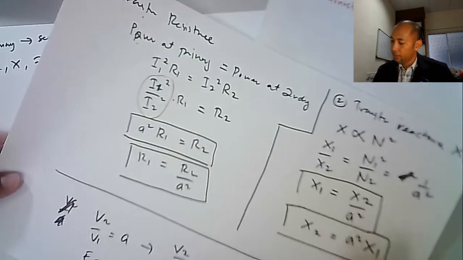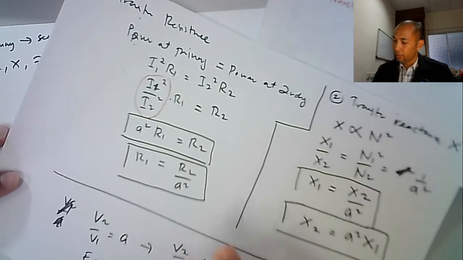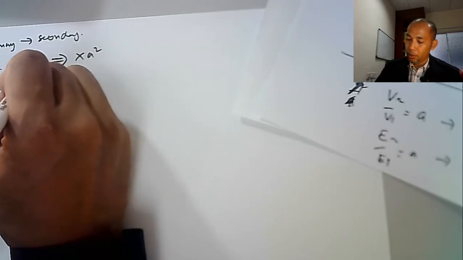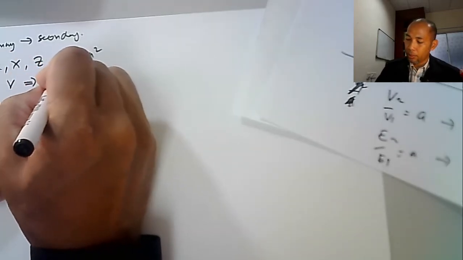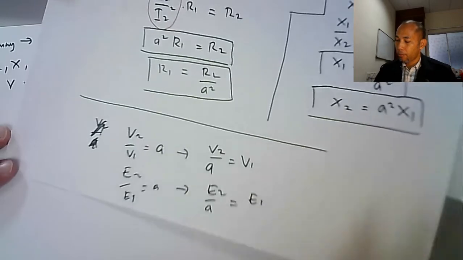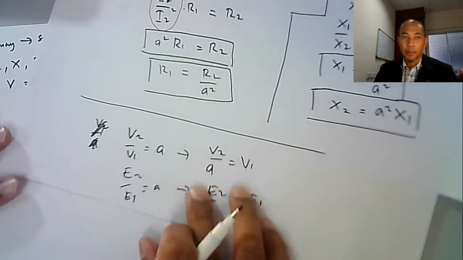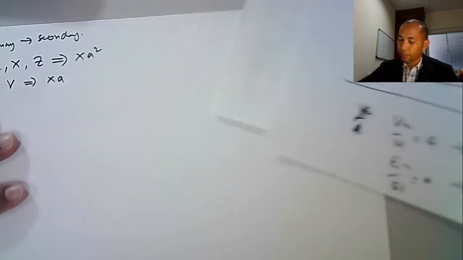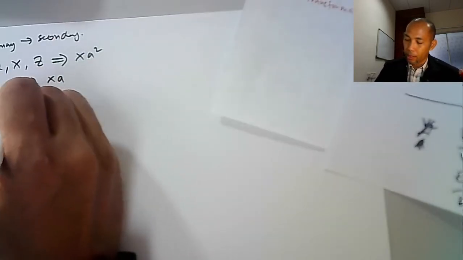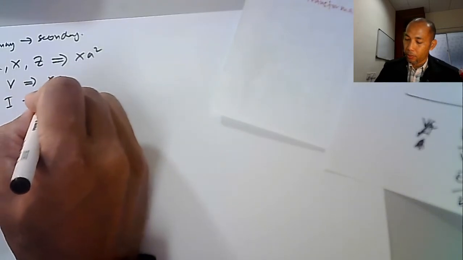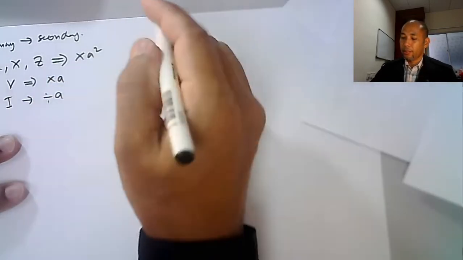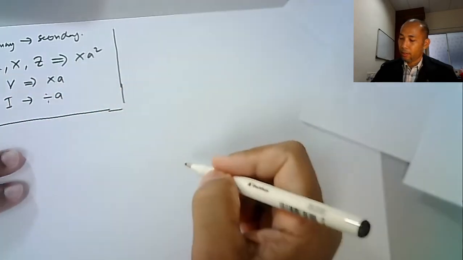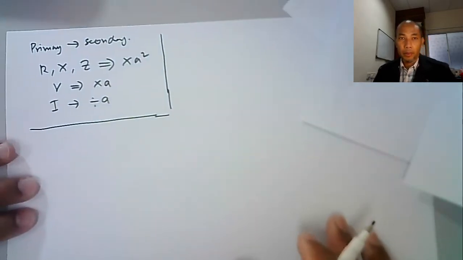For V, we have to times A. V times A, from primary to secondary. For I, we have to divide by A.